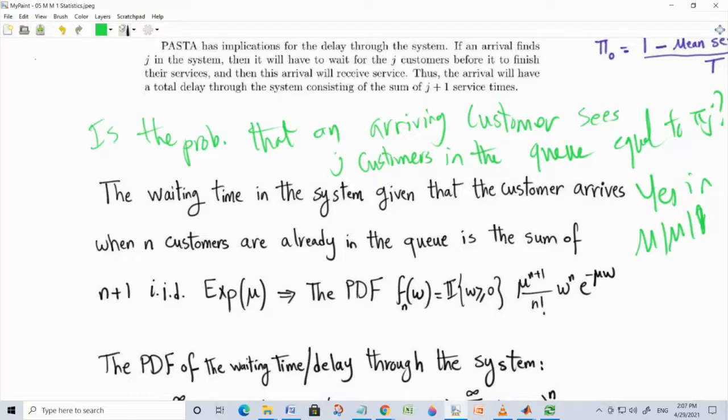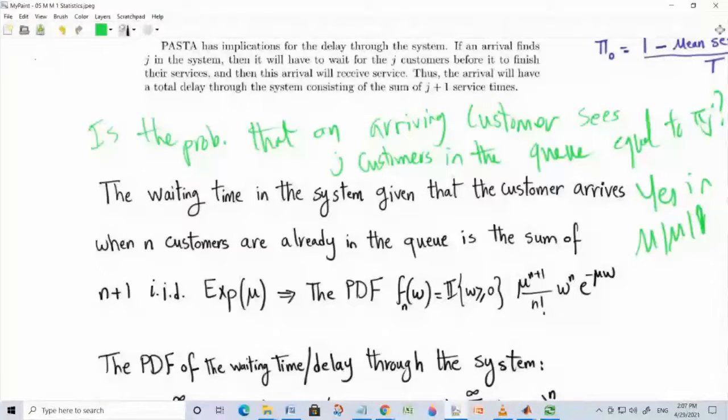So the waiting time in the system: you come and then you wait. What is the distribution of the overall waiting time? If a customer arrives and there are n customers already in the system, then because the service discipline is first in, first out, or first come, first served, those n customers must be served first, and then you will spend some time being served yourself.